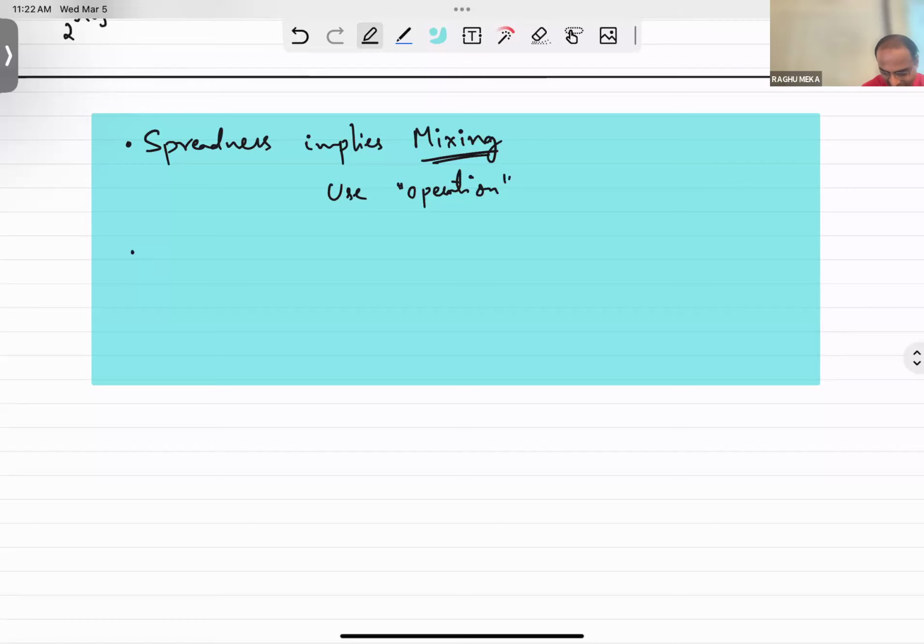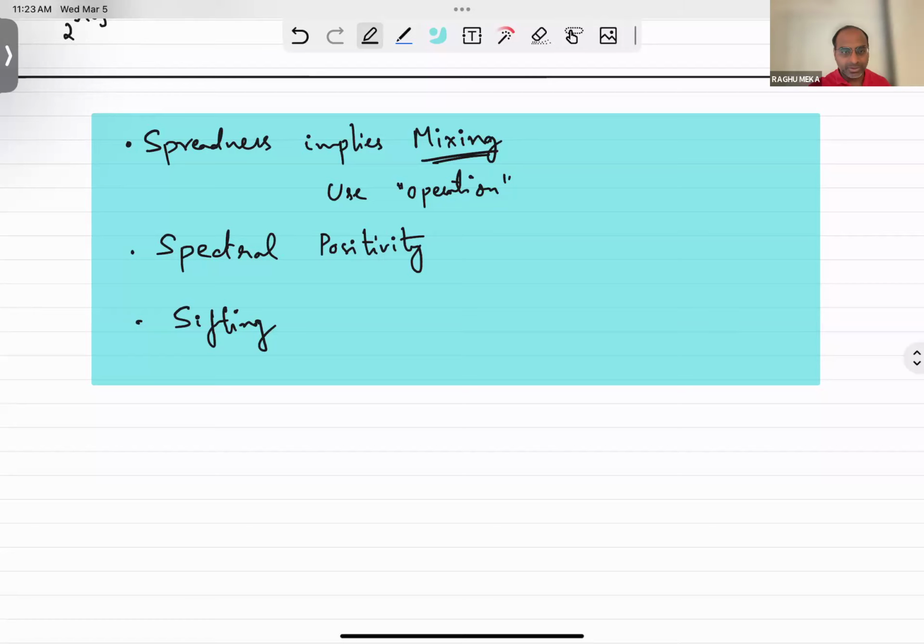And then we had the spectral positivity, which gave us a way to switch from underestimation errors to overestimation errors, right? And then we had the sifting algorithm, which is a way to talk about things.